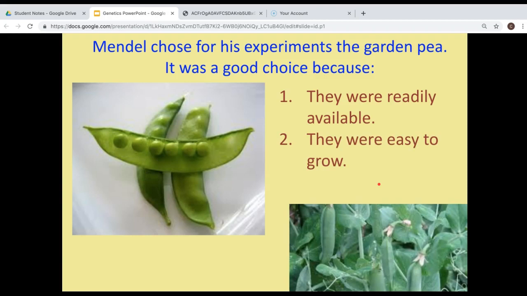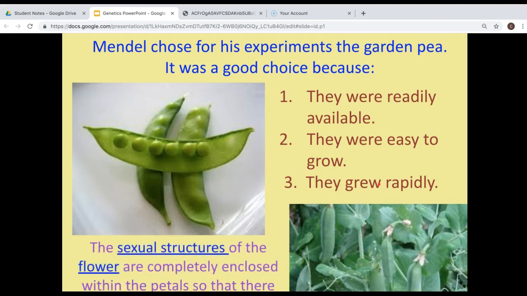Remember, these things would have taken years and years to figure out if he was working with humans. But instead, peas grow very, very rapidly. So number 3, they grew rapidly. So he chose pea plants because he could get his hands on them. They grew easily, didn't need a whole lot of anything special, and then they grew really fast. And he also chose them because you could see things on them very easily.